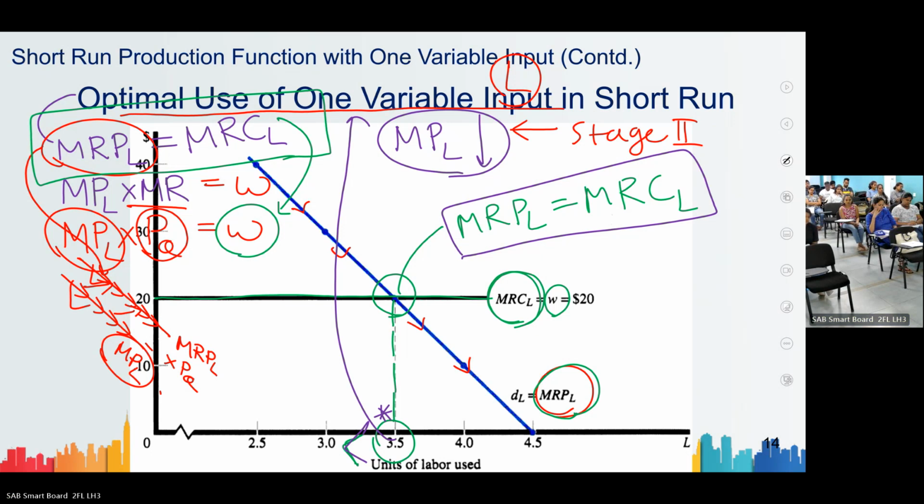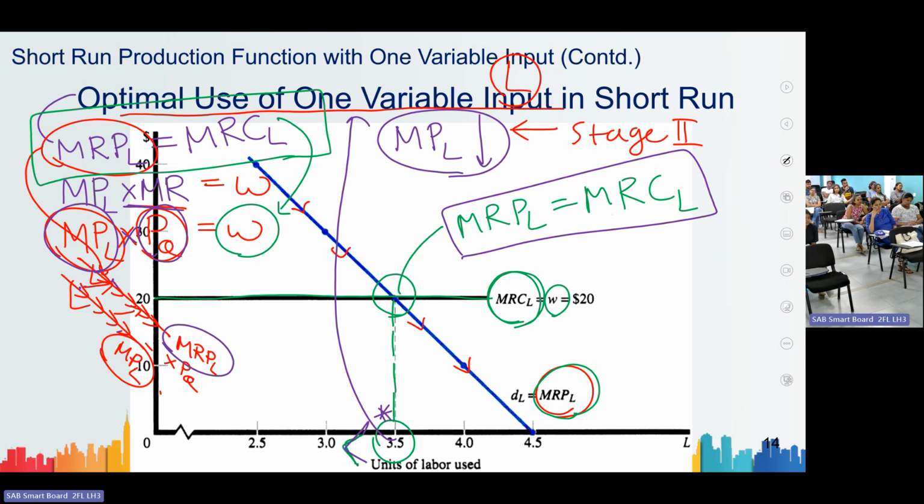MRPL is the multiplication of MPL by the price of output. So since the MPL curve is downward sloping, when we multiply these MPL values by the fixed price, the MPL curve will shift to the right, and that will become marginal revenue product of labor.